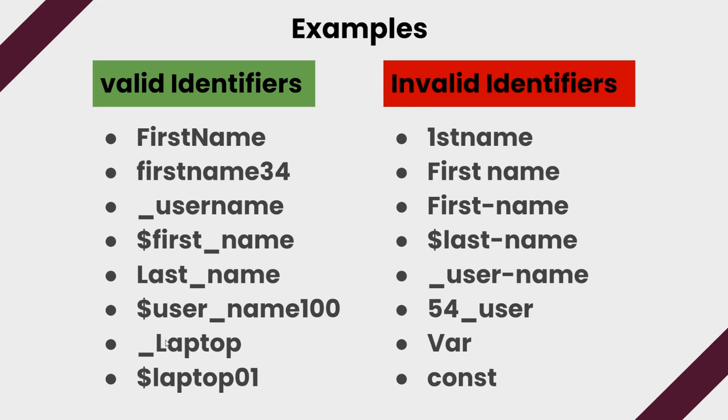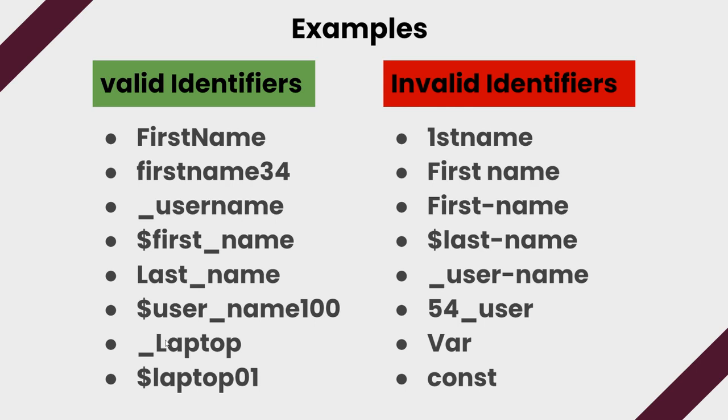But the invalid identifiers are the ones that did not follow the entire rule. They probably followed some and did not follow some. So what this means is that for JavaScript, you must follow the entire rule. That's from rule 1 to rule 7. You cannot follow 6 out of 7 or 5 out of 7 or 4 out of 7. You don't get to choose what to follow.